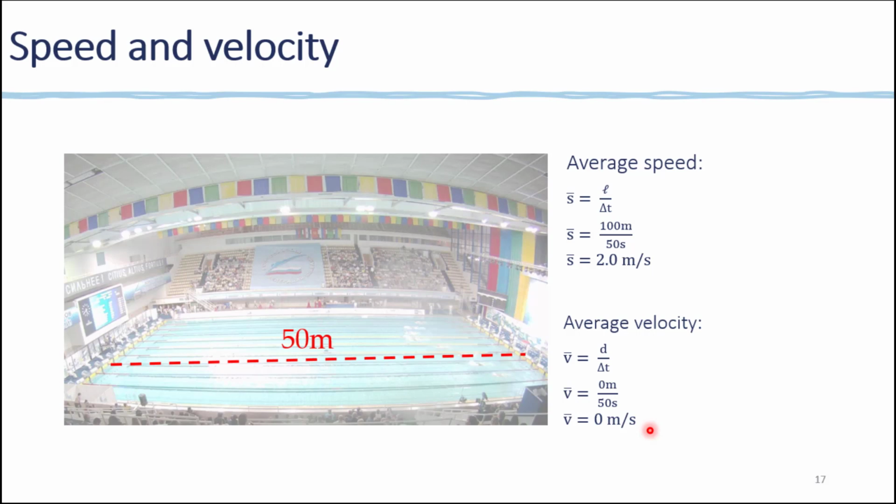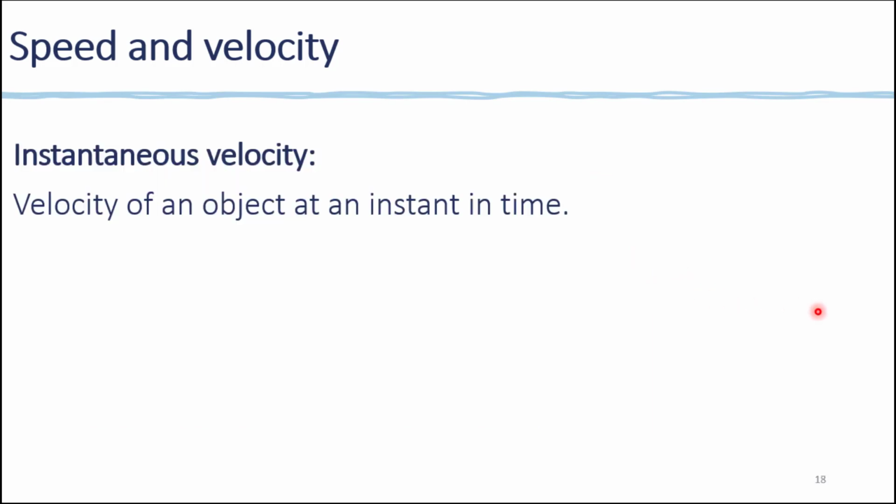In this case, average velocity and average speed are not the same, and the average speed would be a better descriptor of the performance during the race, right? It's just a rectilinear motion, straight line, speed is the way to go.